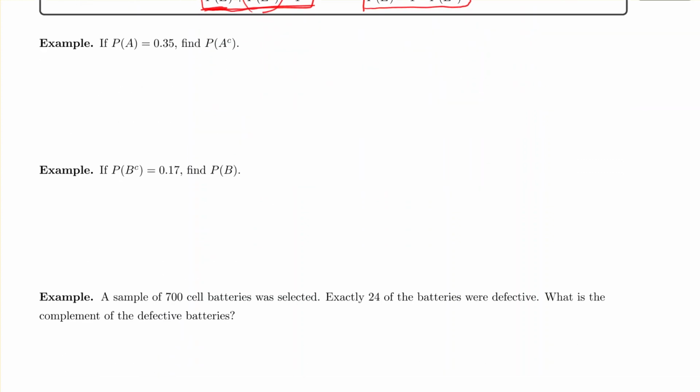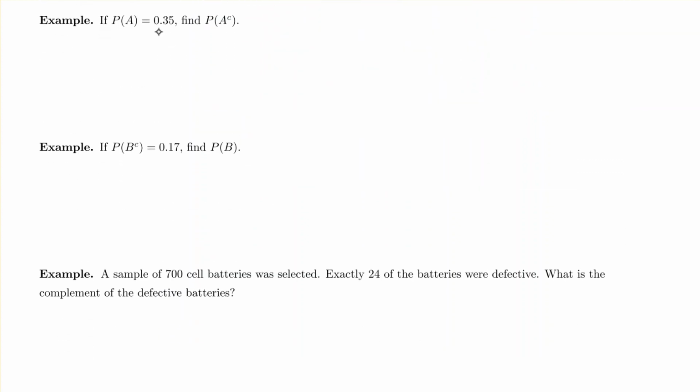If the probability of event A equals 0.35, find the probability of A complement. We know, in general, probability of A complement plus probability of A equals 1. So we know this probability, so we want to know this formula. Oh, sorry, excuse me, this probability.